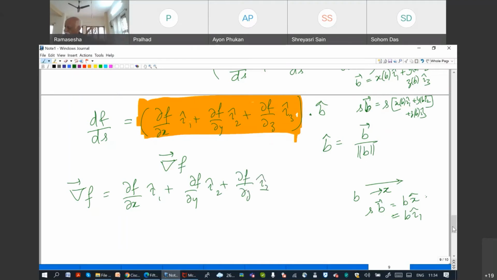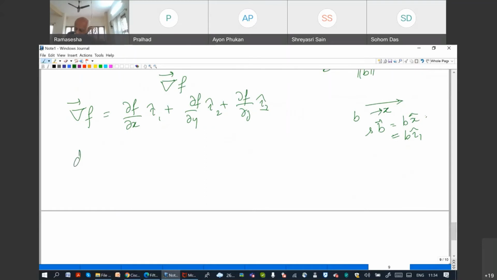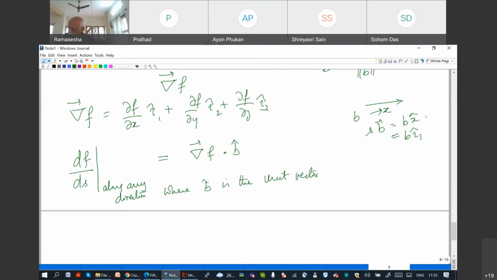And the differential df by ds along any direction is equal to del f dot b, where b is the unit vector in the desired direction. Okay, do you understand now?